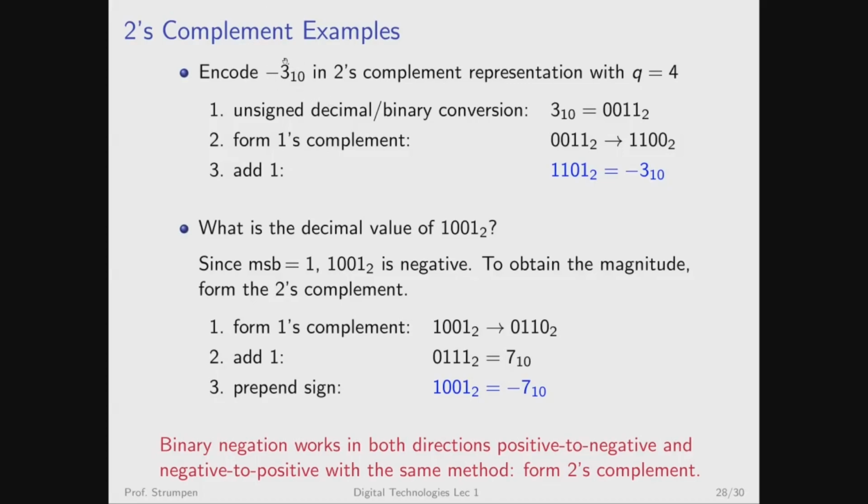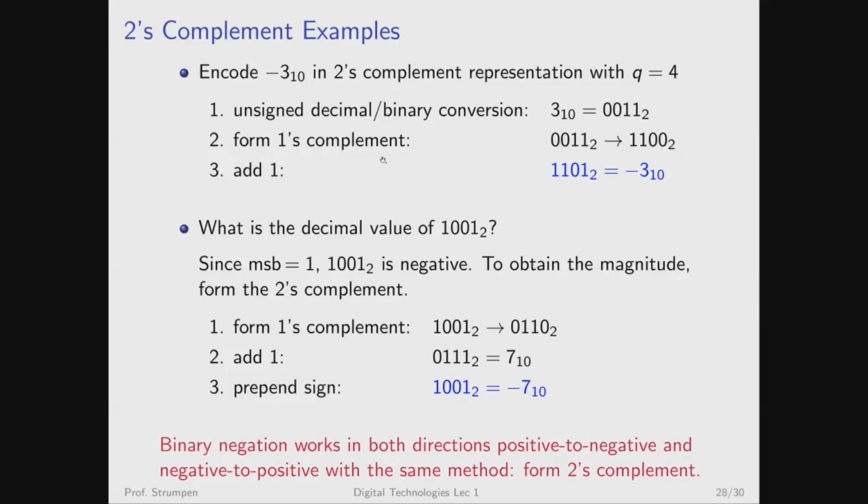All right, 2 examples. If you want to encode decimal number -3 as a 2's complement binary number with 4 bits, with Q equals 4 bits, because your machine may represent all numbers with 4 bits, you convert the magnitude of -3 in step 1 from decimal to binary. The magnitude of -3 is 3, which has binary representation with 4 bits, 0011.